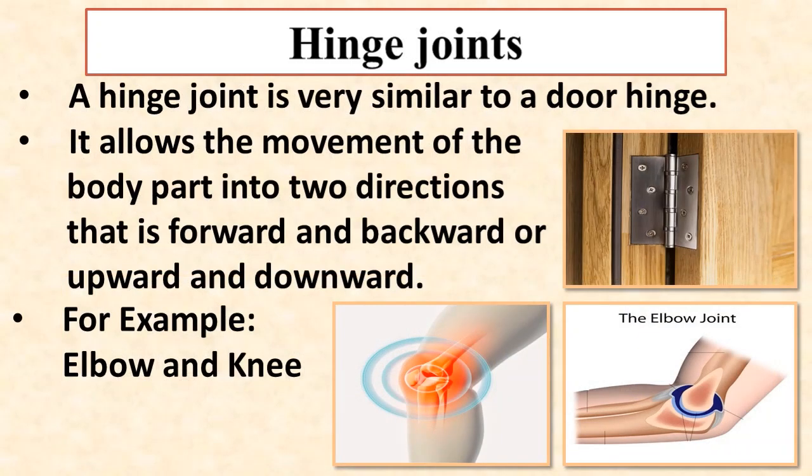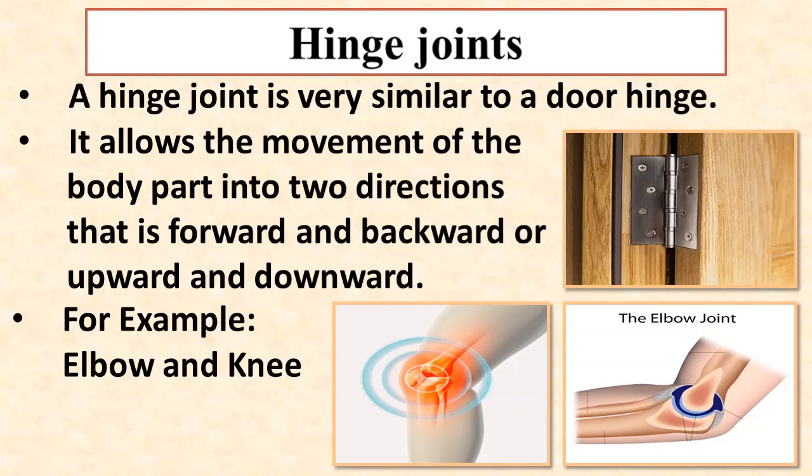The next type is hinge joints. A hinge joint is very similar to a door hinge. You can see the door hinge allows the opening and closing of the door into two directions.